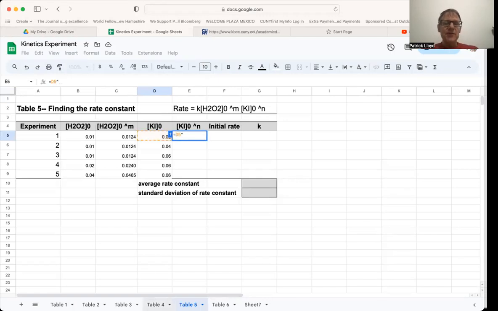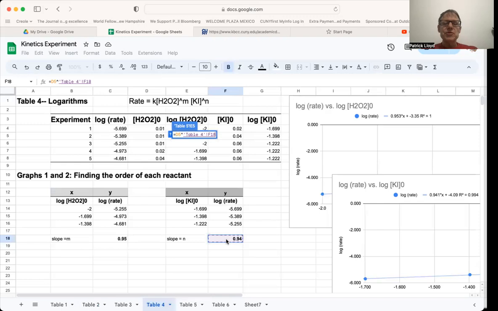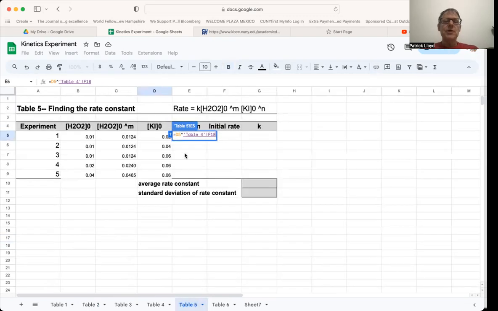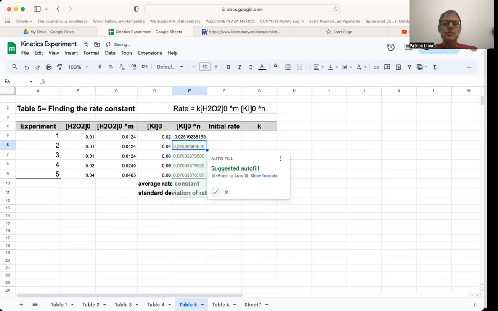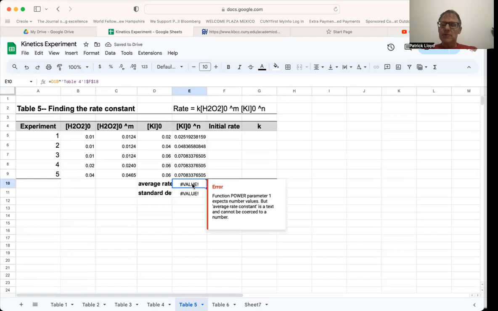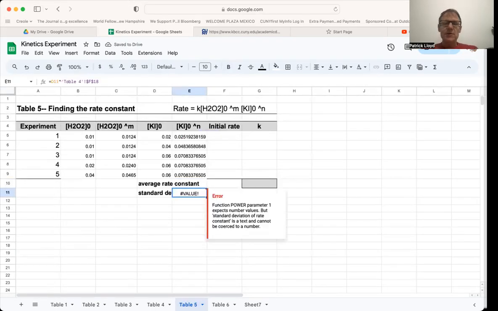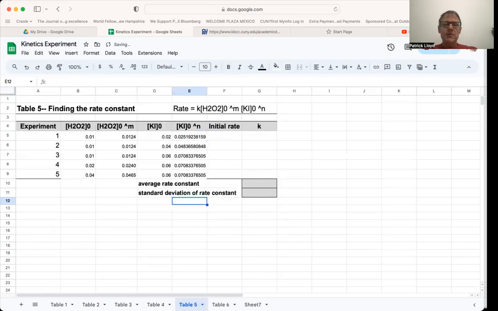And the n we found in the previous table, 0.94. And then again, we'll make this $F$18, which will ensure that for all those calculations, it's using the same value.